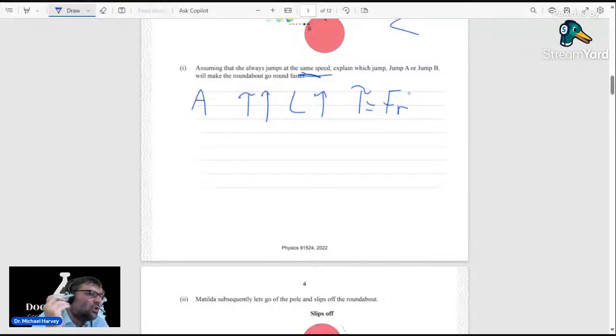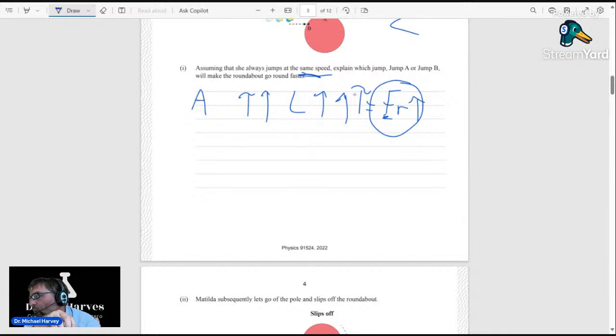Assuming the applied force is the same, the perpendicular distance to the rotational axis is larger at A, so the R increases and therefore the torque increases. Forces are pretty much the same, but as you increase the radius, the torque is also going to increase.